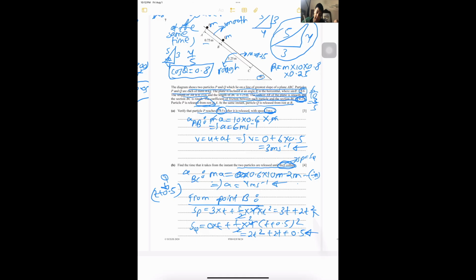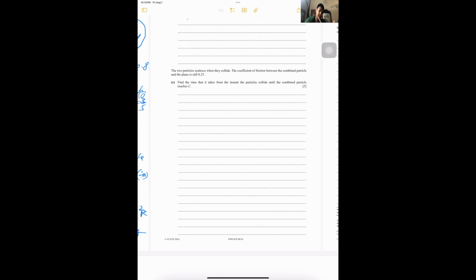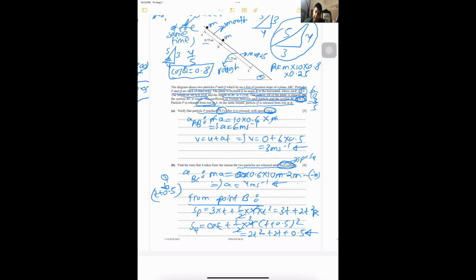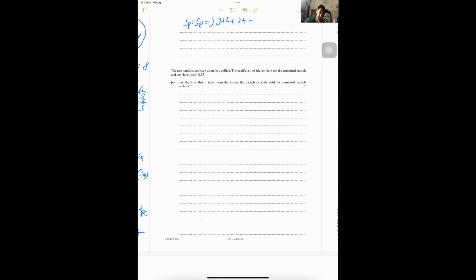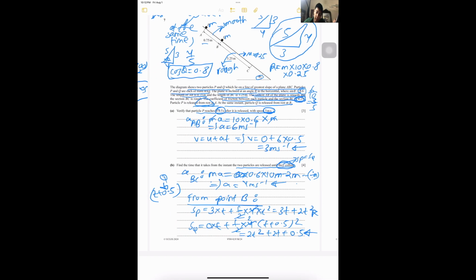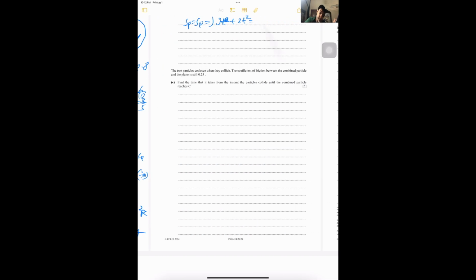That is another one. So now SP equal to SQ, as I said: 3t plus 2t squared is equal to 2t squared plus 2t plus 0.5.